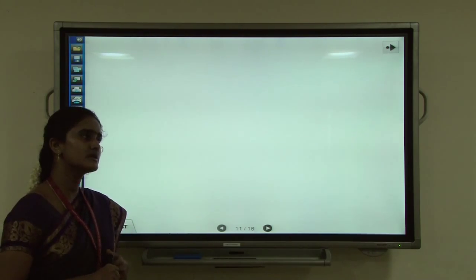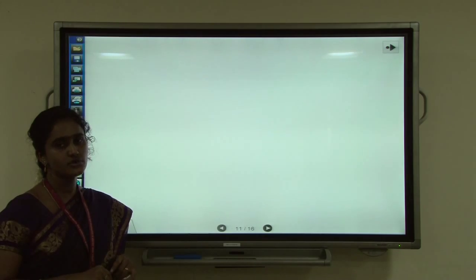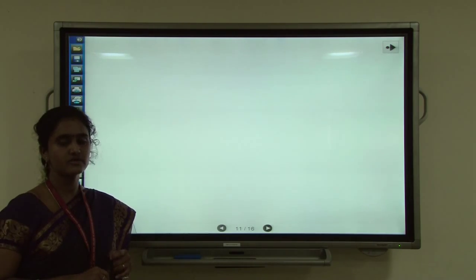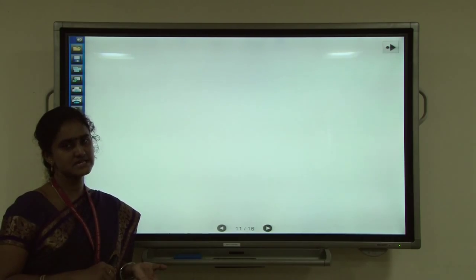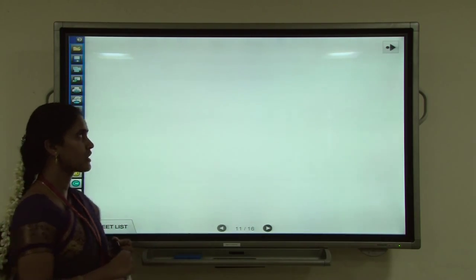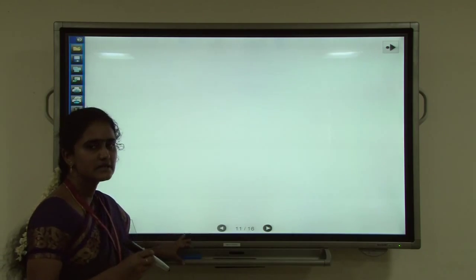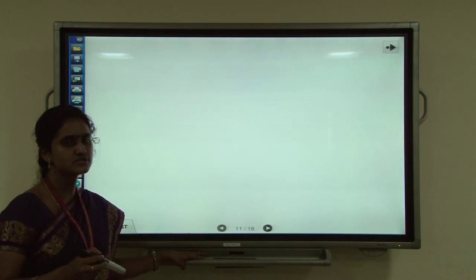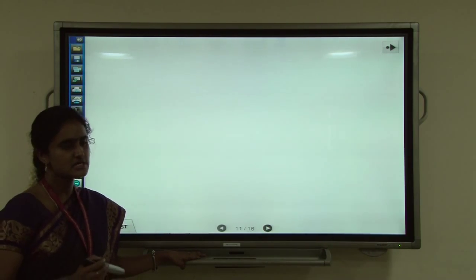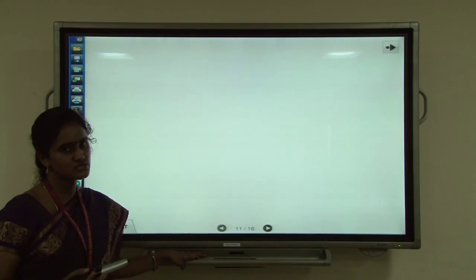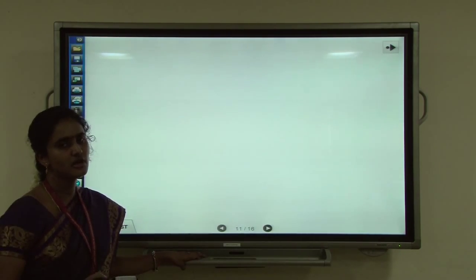How do I solve a cubic equation? The first root you can find by the trial and error method, and the remaining roots by synthetic division or by factorizing. All this we learnt in lower classes, so I am not going to do much about it. Straight away we can get into the problems.